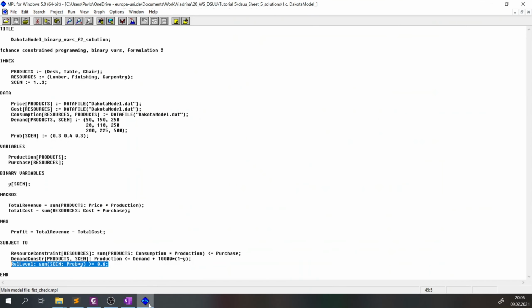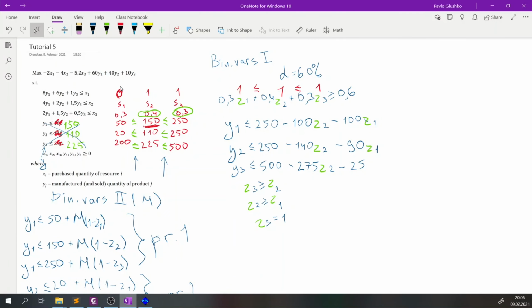Let's look at what we can reformulate, or what we should formulate in the deterministic model. In addition to the stochastic demand, we now also have the consumption of lumber.